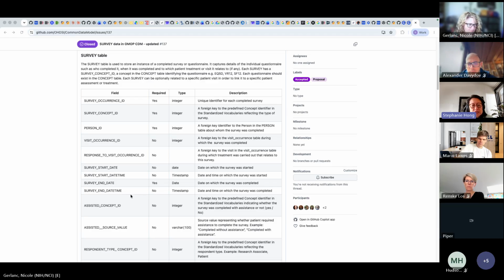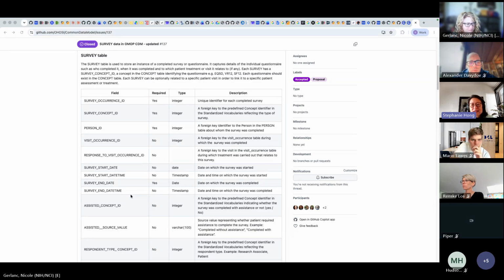So whatever questions and response to that question were recorded in the observation table, the reference to that row can be linked back into the survey conduct table to say this survey took place at this visit on this date, and the survey was a transportation barrier question, or various different well-curated surveys that people are using in the field.